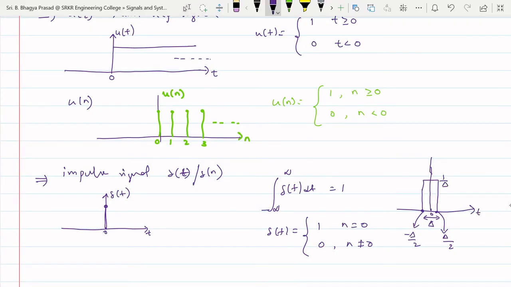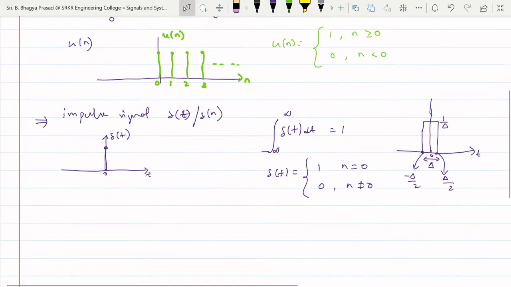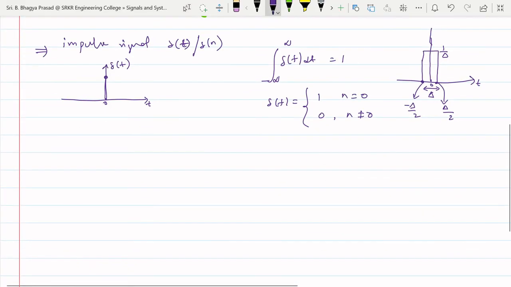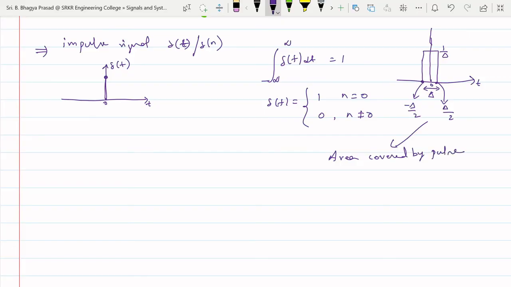So the area covered under this pulse is 1.